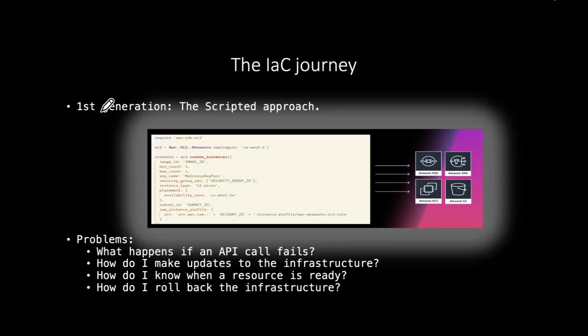Now you won't be able to read this here, but what we did back then, in kind of the first generation of infrastructure as code, was we wrote Python scripts. What I'm showing you here now, on the right, are some of the AWS services. Maybe we've got the EC2 service, the S3 service, and so on and so forth.